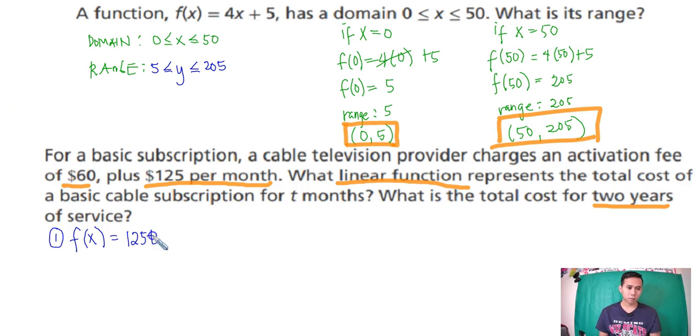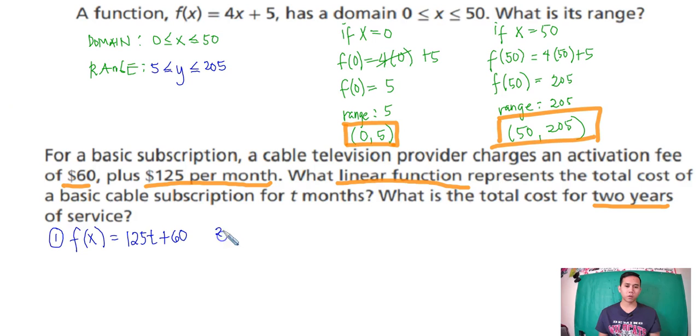And then your y-intercept will be plus 60, because this is the upfront payment. It's the activation fee. So this is now our linear function that will represent the total cost of the basic cable subscription for t months. It will vary depending on how many months. The total payment will be dependent on how many months you're getting.